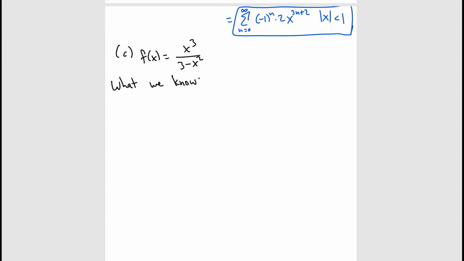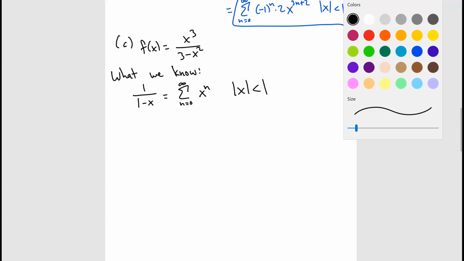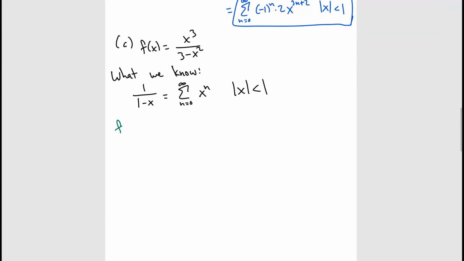And what we know is that I can represent 1 over 1 minus x as the sum from n goes from 0 to infinity of x to the n, provided that the absolute value of x is less than 1. So now let's look at our function, f of x, which equals x cubed over 3 minus x squared.